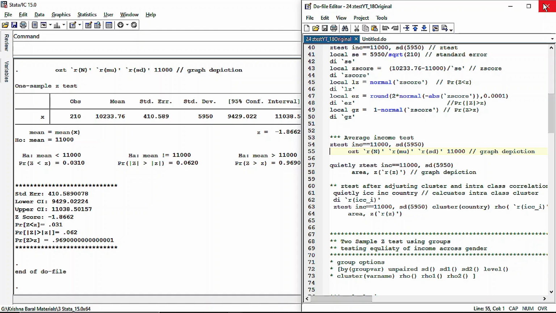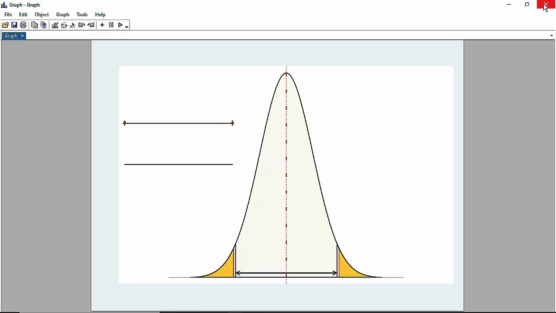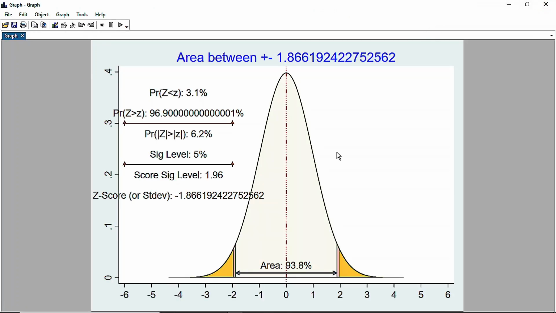Another set of commands will produce the same result, but we are going to use the z score only. We get the same result, marked by the yellow region. For the two-tailed test, we fail to reject the null. For the right-tailed test, the p-value is greater than 5%, so we fail to reject the null. For the left-tailed test, the p-value is less than 5%, so we reject the null.